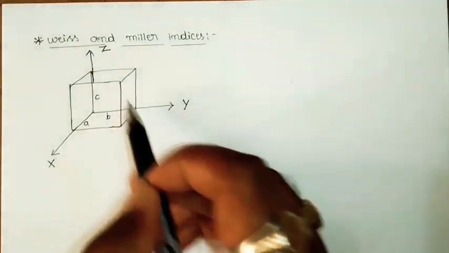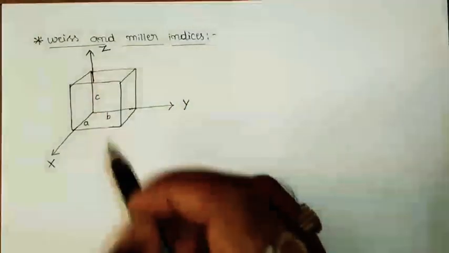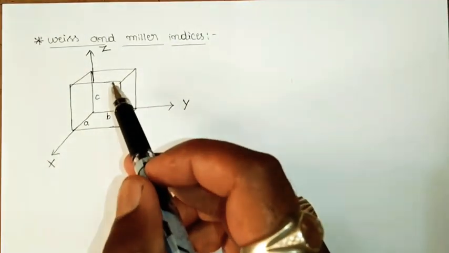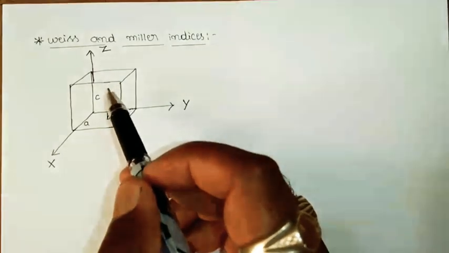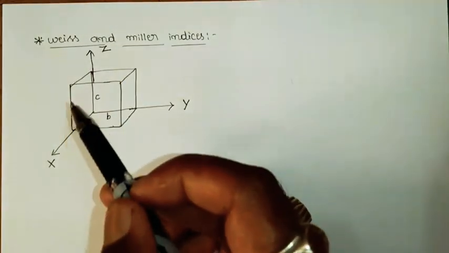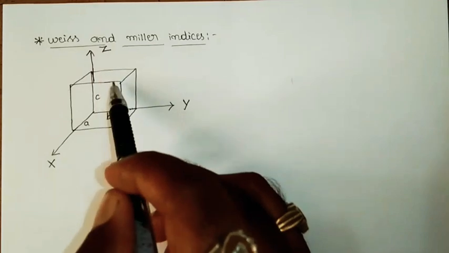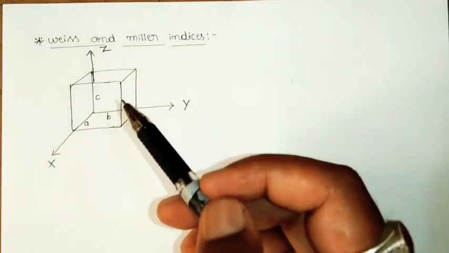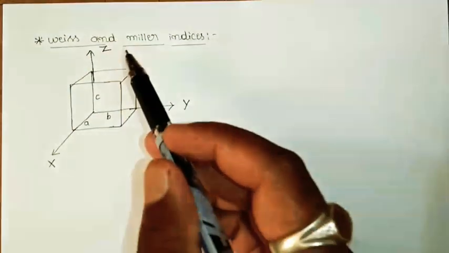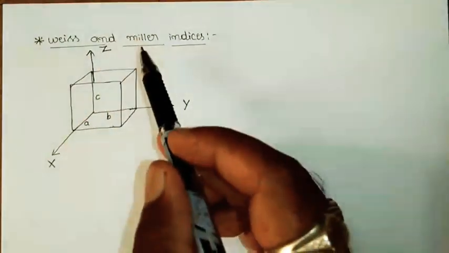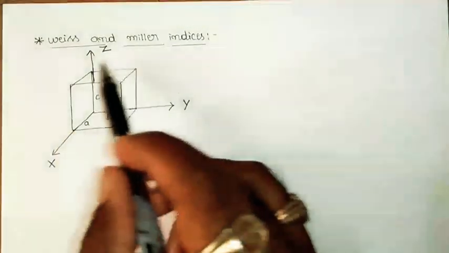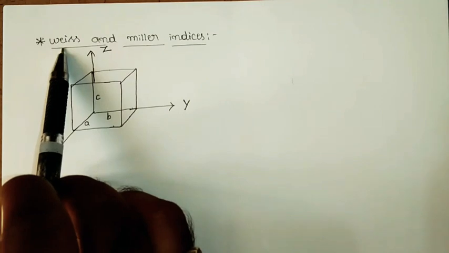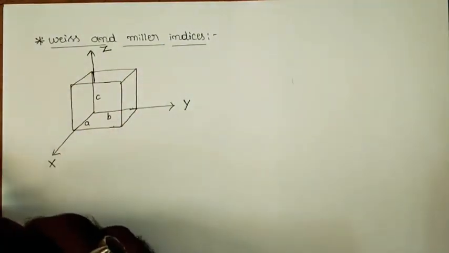And if you consider a particular plane in a unit cell or a crystal, in order to describe the exact orientation of the plane which is present in a lattice, or else we can simply say lattice plane, in order to learn about the orientation of the lattice plane in a crystal, we use two terms. They are called Weiss and Miller indices.